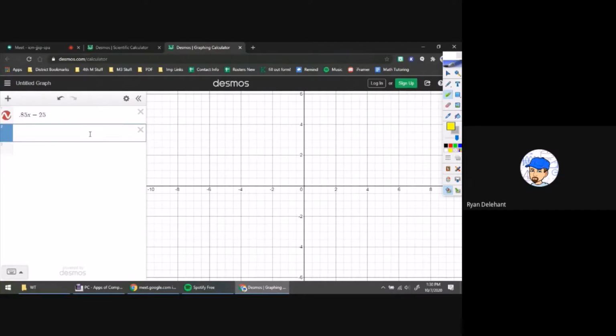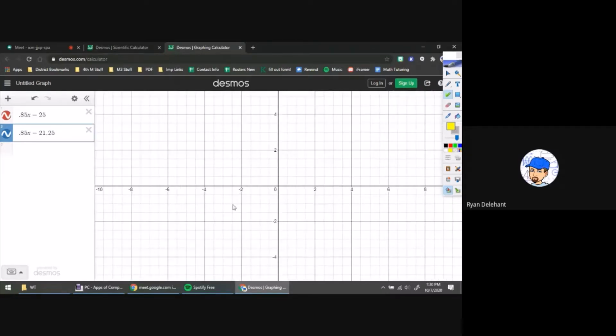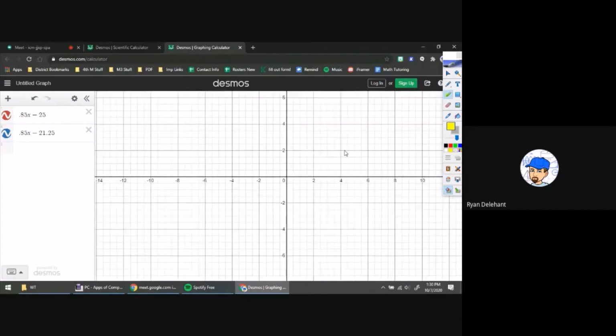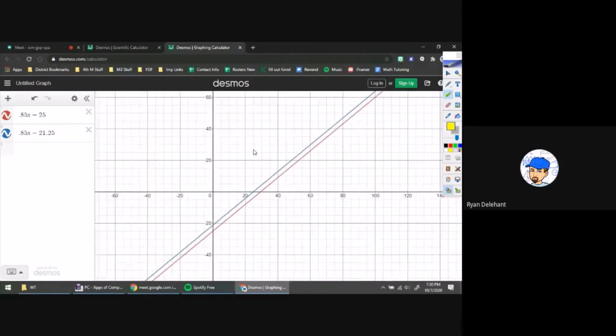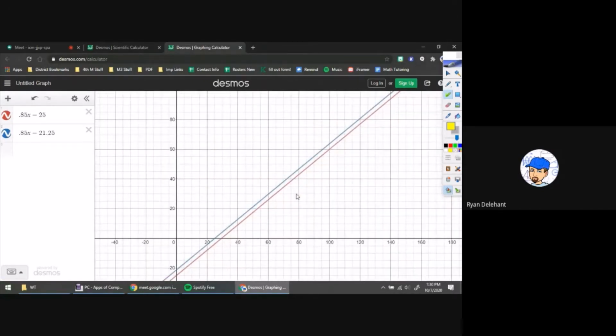And then we had 0.85x minus 21 1/4. I don't see anything. Where is it? It's farther out. There they are. And you can really get the idea that they're parallel here, right? The red one is that. So let's actually screen clip this so we can write on it.